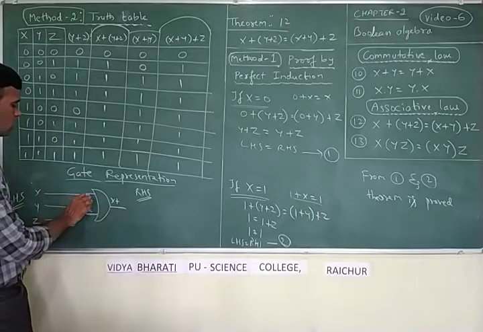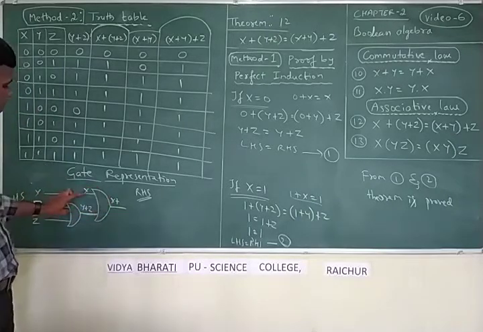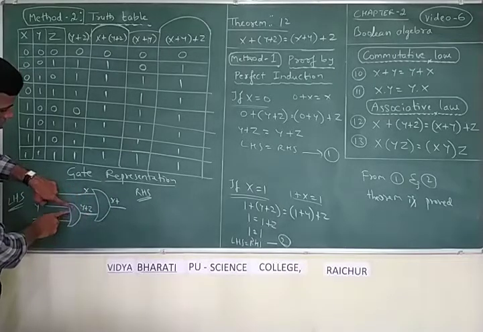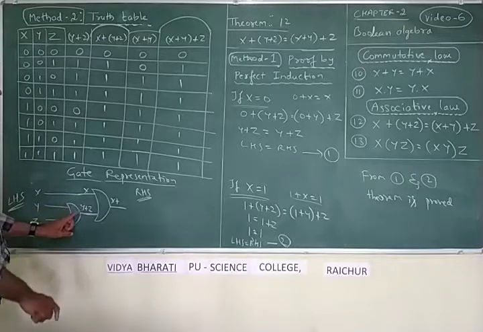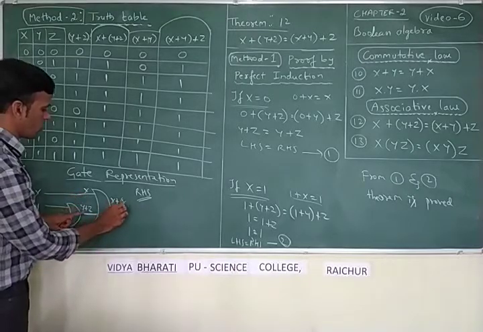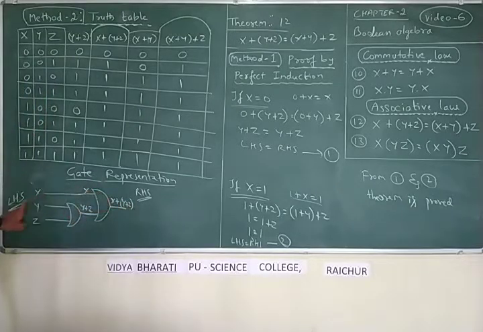This line is coming straight to the OR gate, so it is identified as x, whereas this line is the result of this gate, which is y plus z. So one line is x, the other line is y plus z. This is the circuit construction for the LHS part.